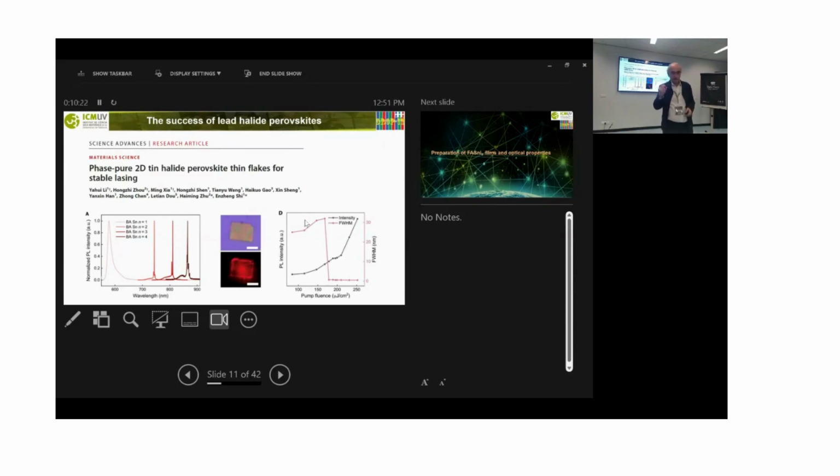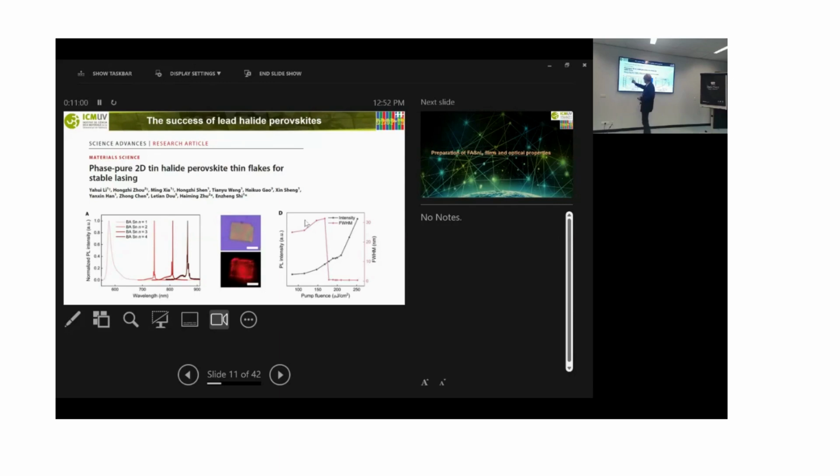It is no longer ABX3, it's no longer a three-dimensional perovskite, but a two-dimensional one, called Ruddlesden-Popper. With respect to the three-dimensional lattice, you have confinement, and then if you go toward the two-dimensional case, you go to the visible, 600 nanometers.